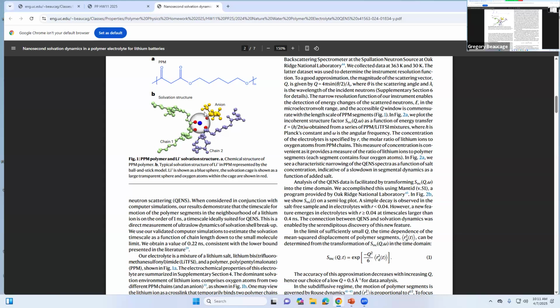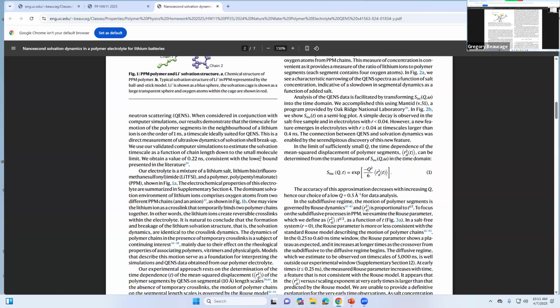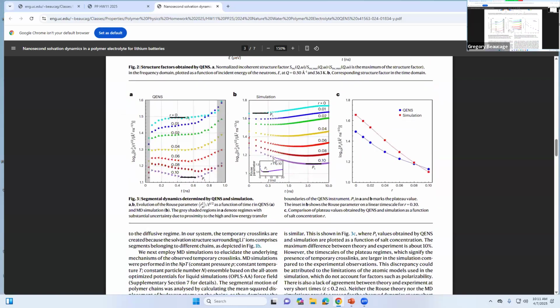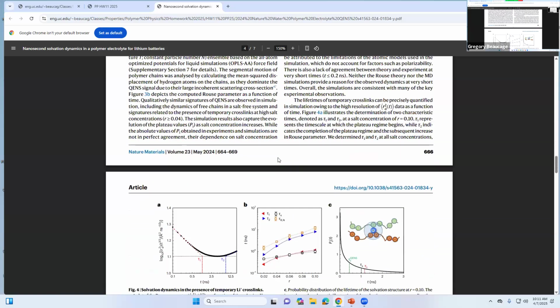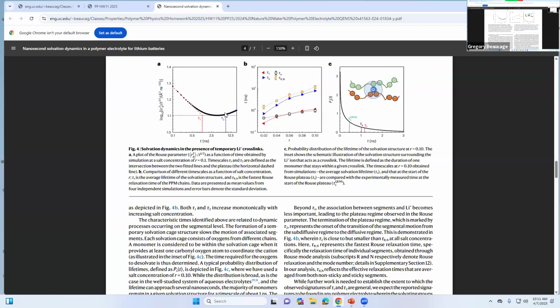That thing has a time scale in which it exists, so it's a short time. If you go to figure 4, that short time is where this guy's got a negative slope, or the mean square displacement divided by t to the 1/2.